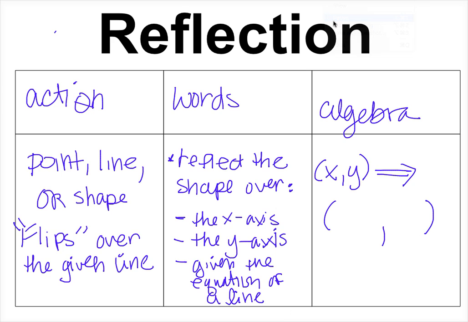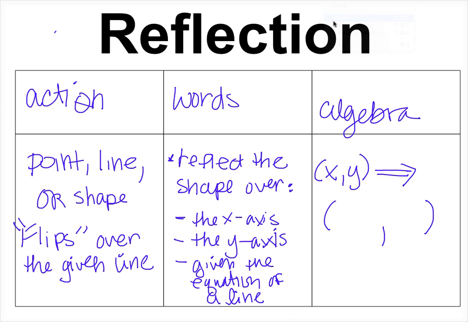So hit pause and get everything copied. We're going to go back to our last box for a second. What we had in this last section was the algebra. We had x, y becomes something. Now if it reflects on the x-axis, our x stays the same and our y becomes the opposite.